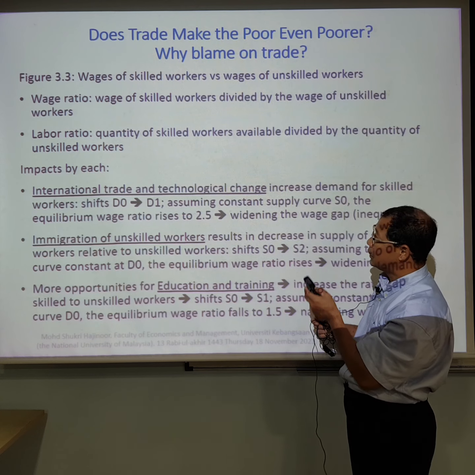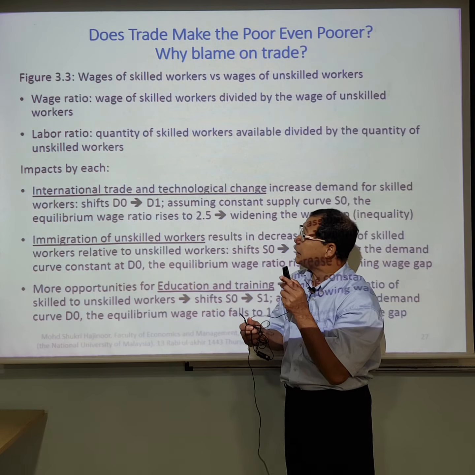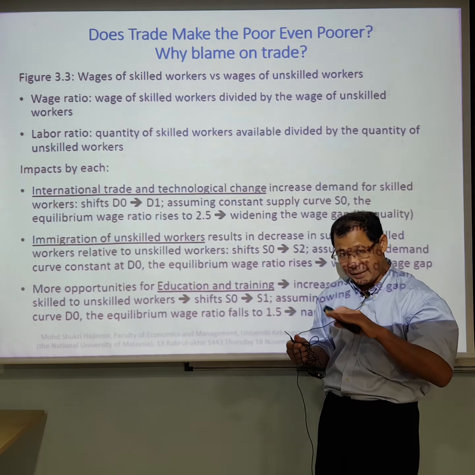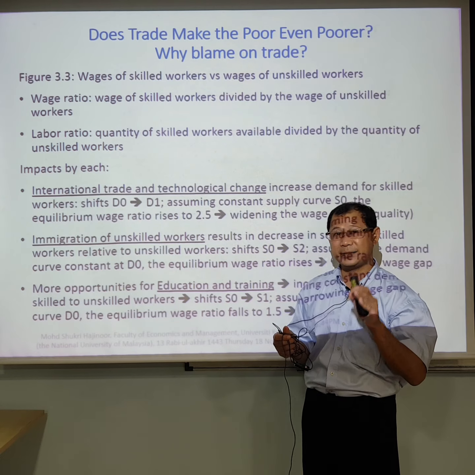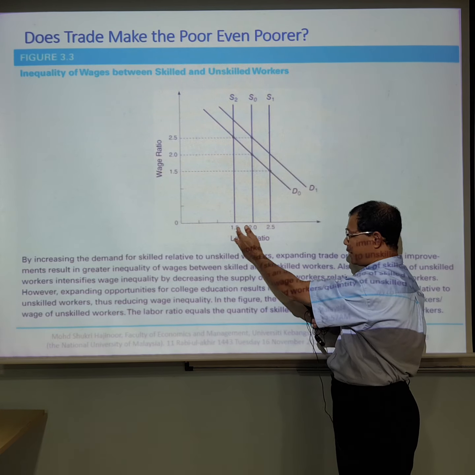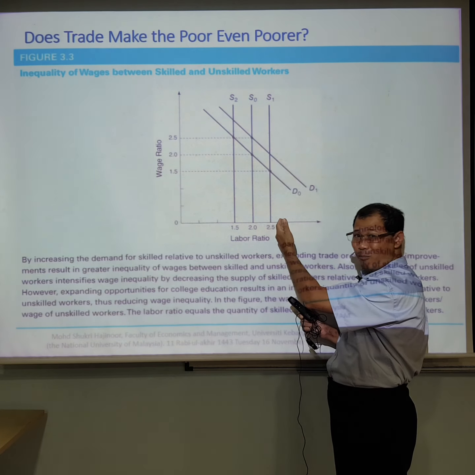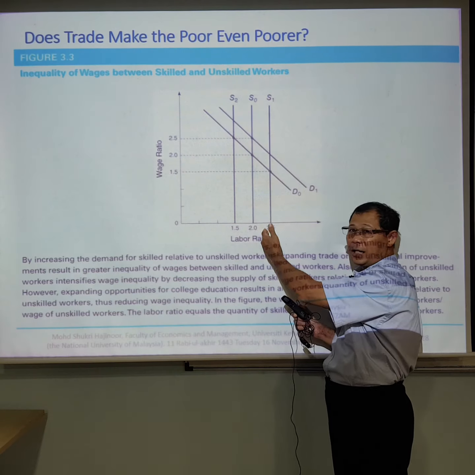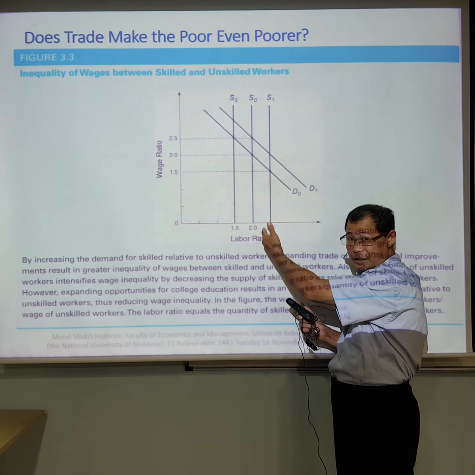Labor ratio, we define as the quantity of skilled workers divided by the quantity of unskilled workers. So if we move to the right, it means there are more skilled workers relative to unskilled workers, in terms of quantity.